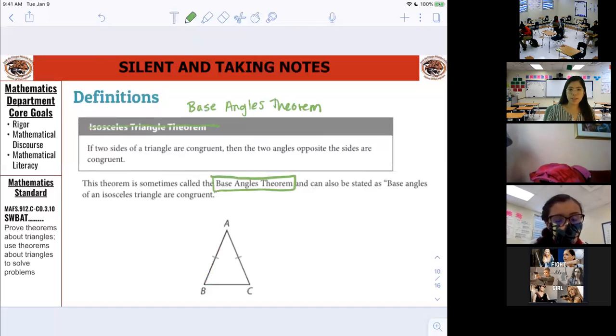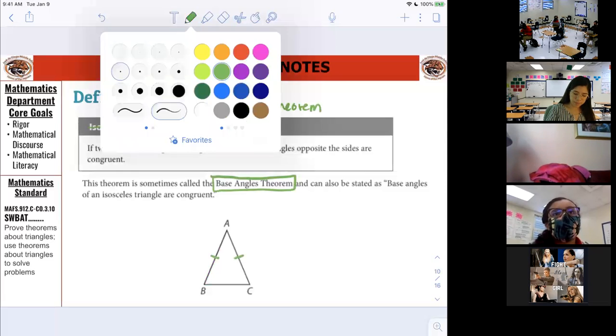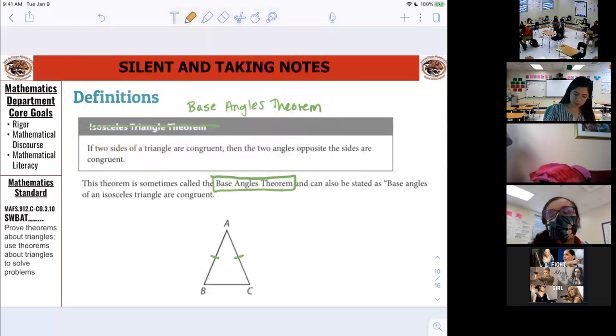What it says is basically that if you have an isosceles triangle and the two sides are congruent, then the base angles will also be congruent. Wait, congruent to each other or congruent to the measure of the sides? To each other.